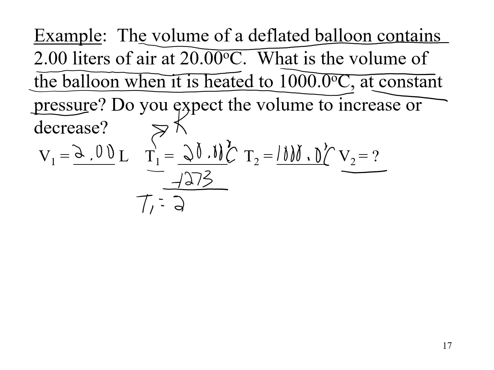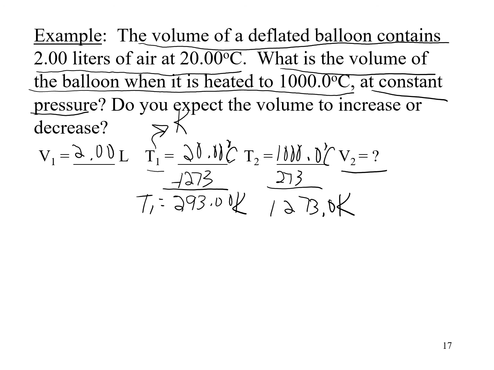So that would be 293.00 K. And then T2 is 1,000 plus 273, which gives me 1,273.0 K. So now that we have the information recorded for V1, T1, and T2, we're going to solve for V2.